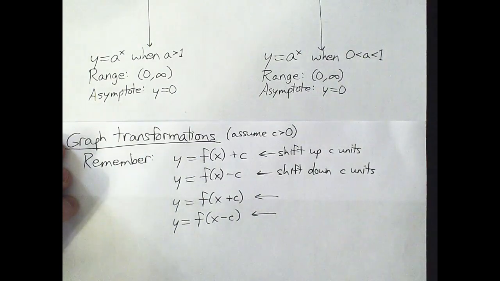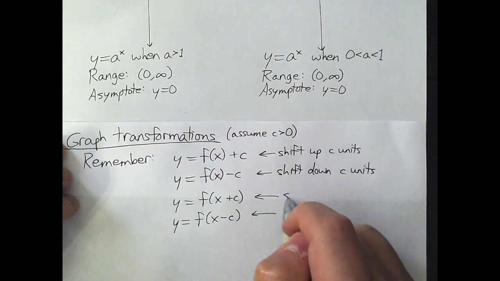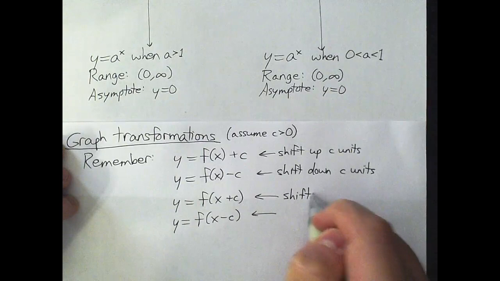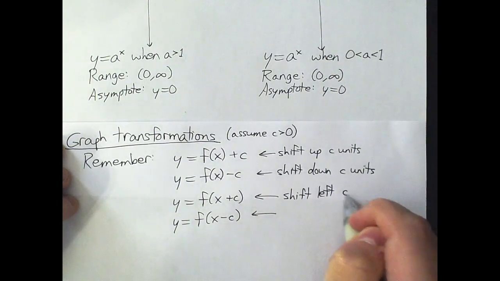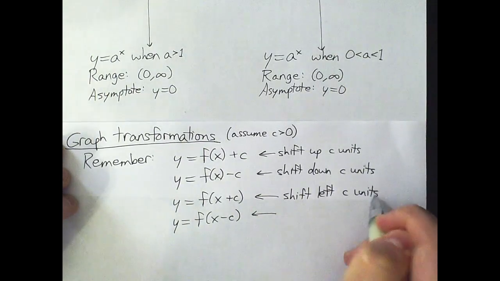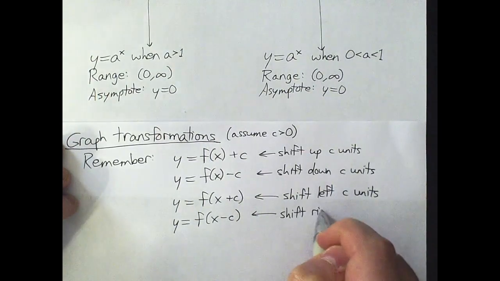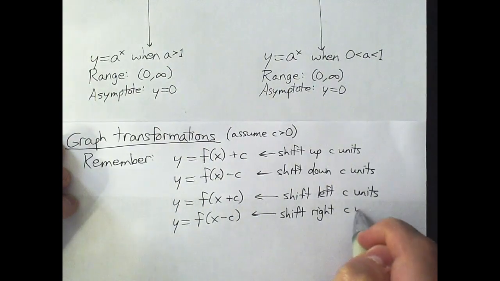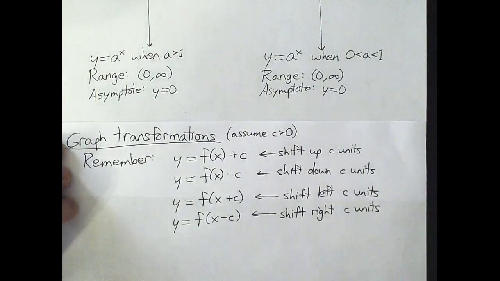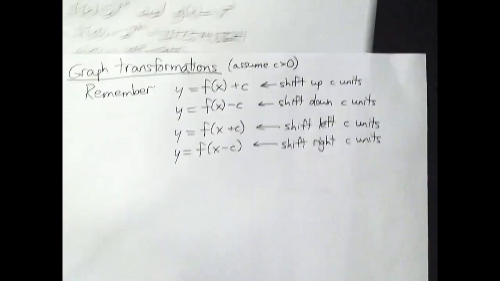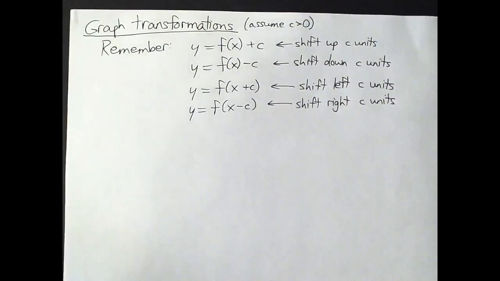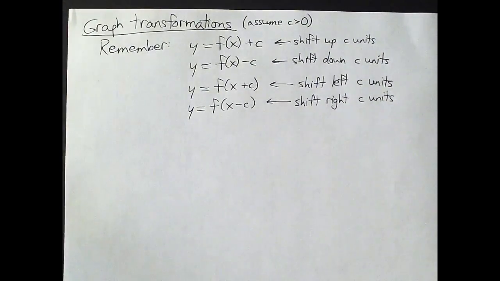Sometimes these feel a little bit backwards to me, but this actually is a shift left c units. And this is actually a shift right. And if that seems a little bit backwards to you, you can actually set up a little table of values. If you ever are doing that kind of transformation, you could set up a little table of values to convince yourself whether it needs to be moving left or right.